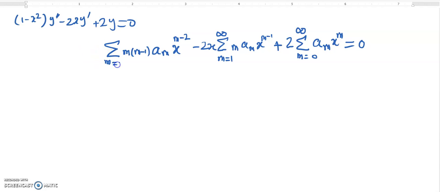So m is equal to 2, because I will lose two terms with respect to y, so it will be m equals 2 to infinity, and then it will be 1 minus x squared.